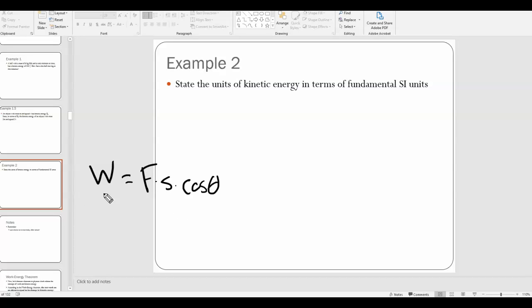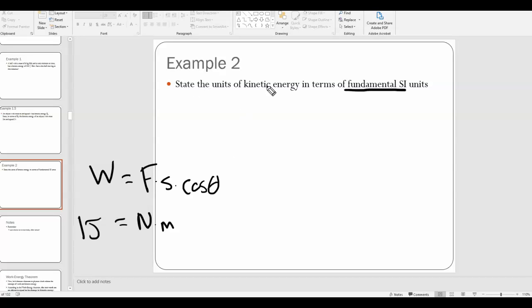So force is in newtons, displacement is in meters, and cosine theta has no units. So 1 joule is 1 newton meter. The issue with that is that it doesn't answer this question, because newton meter is not fundamental. Meter is fundamental, but newton is not, because newton is a derived unit.